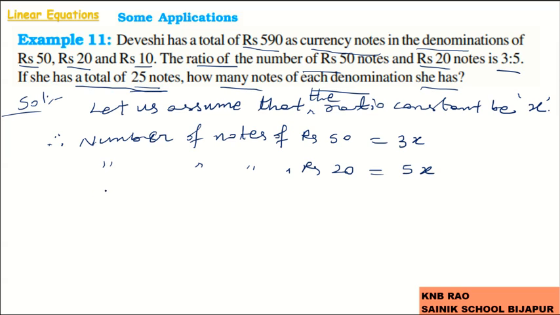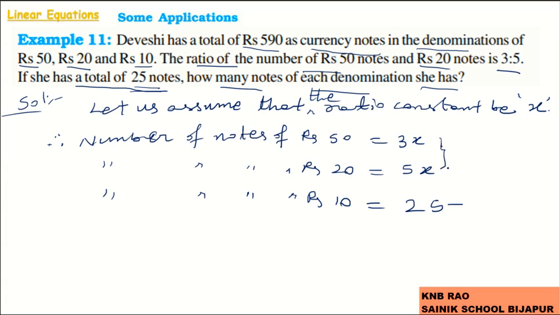that means the number of notes of rupees 10 will be 25 minus the total number of notes of 50 and 20.